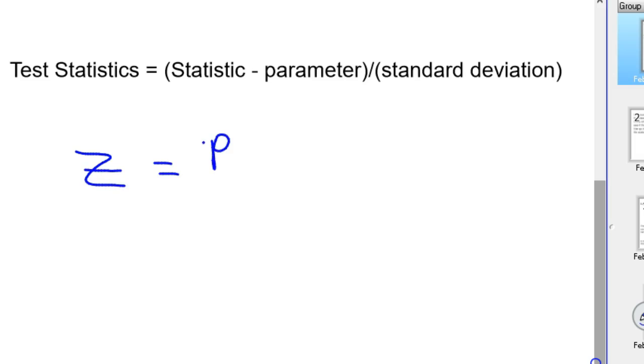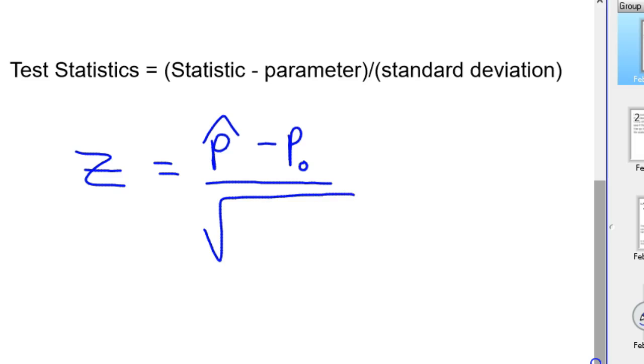So it's going to be p hat minus p sub 0, where p hat is our sample proportion, p sub 0 is what we assume to be true, and our standard deviation will be calculated on that p sub 0. So it's p0, your initial p, times 1 minus initial p, or your null hypothesis p, divided by your sample size, how many you took. So that's how we calculate that.